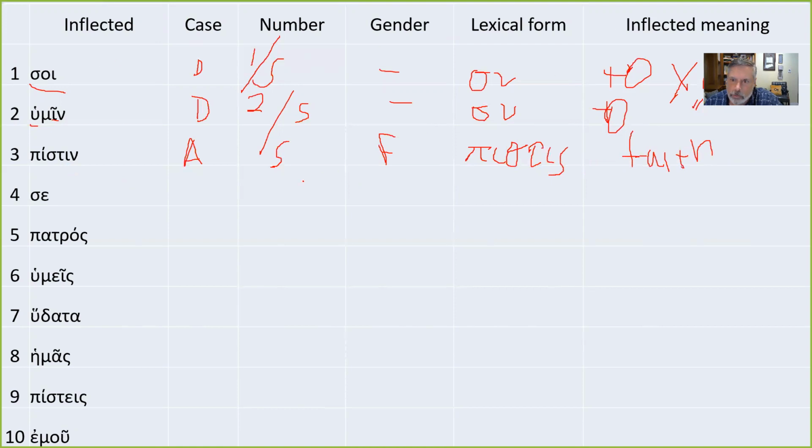Its person is going to be second person. It is singular. It is no gender, and its lexical form is su, so we're moving forward with the same thing, and it, of course, means you.